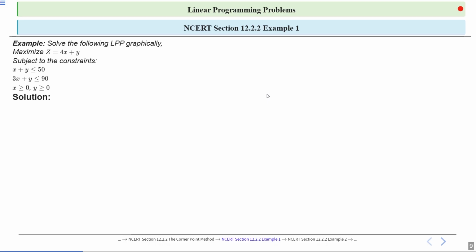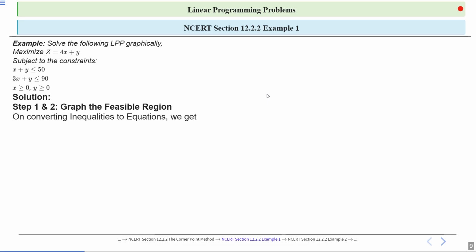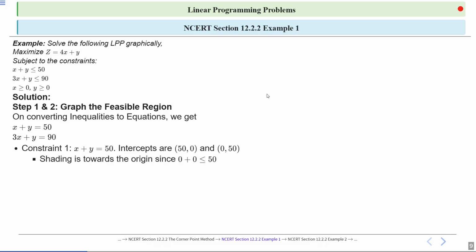So let's start the solution step by step. First look at steps 1 and 2, which are for graphing the feasible region. First, converting inequalities to equations, we get x plus y equals 50 and 3x plus y equals 90. The line x plus y equals 50 is a straight line that crosses the x-axis at 50, 0 and the y-axis at 0, 50.